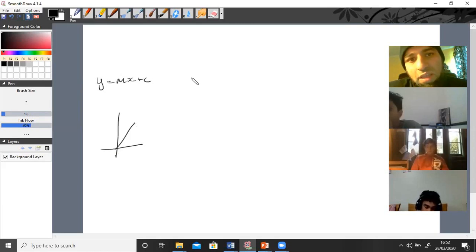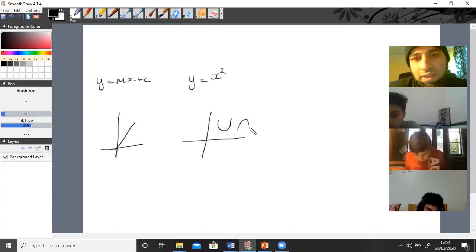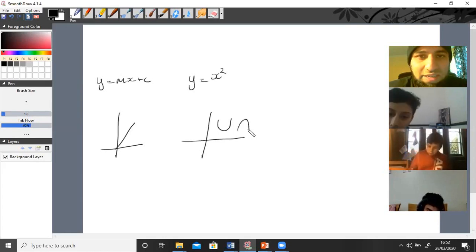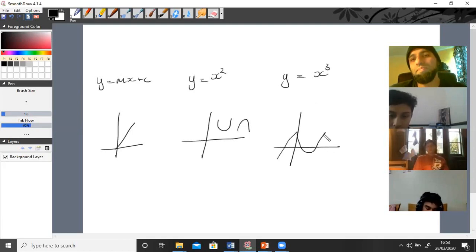Easy. If you have a y equals something with a squared graph, you have something that looks like this or that. It will be a curve. Does that make sense, guys? If you have a y equals an x with some type of cube next to it, then you're going to have a graph that looks something like that.